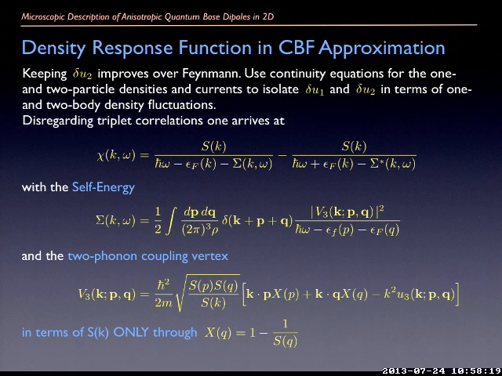So at this level, you can get a good approximation of the response function of the system by starting only from S of k. So the plan was to get S of k with Monte Carlo and plug that into those expressions to recover the prediction for the density response.